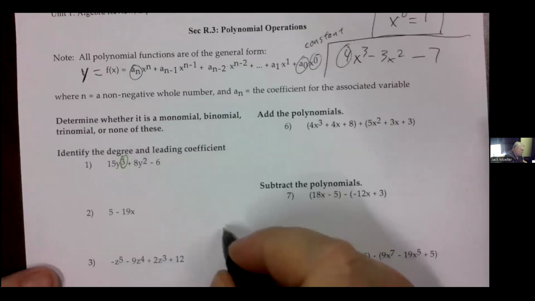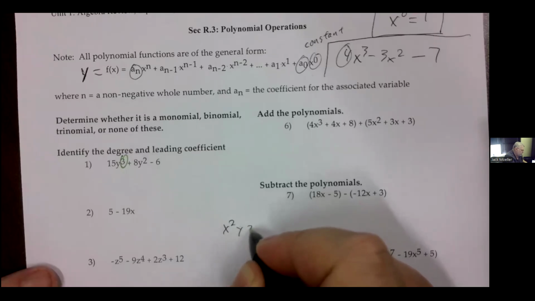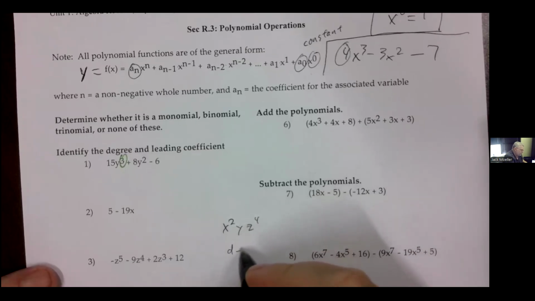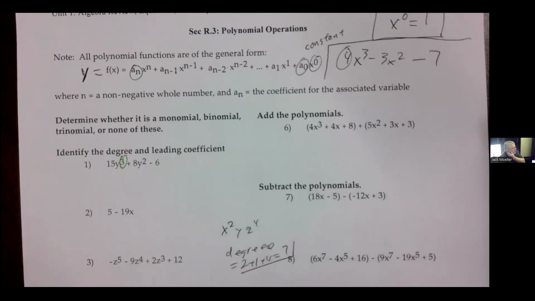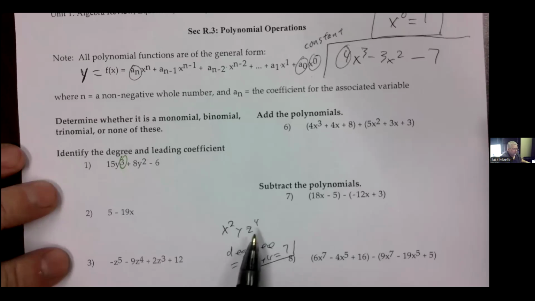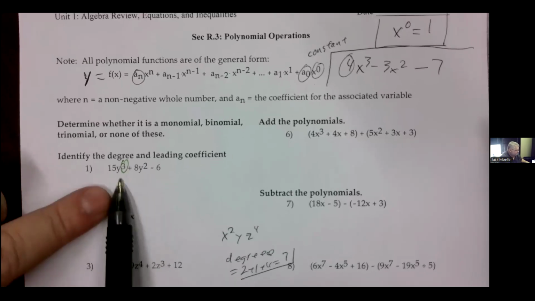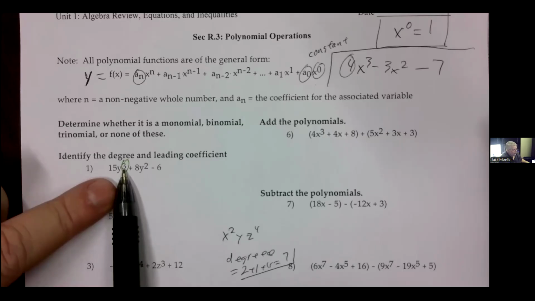So if you had, say, x squared y z to the 4th, that degree would be 2 plus 1 plus 4. That degree would be 7 for that term. But I don't think I did anything in the homework where you have multiple variables like that. We're all dealing with single variables. So the degree is the largest exponent.